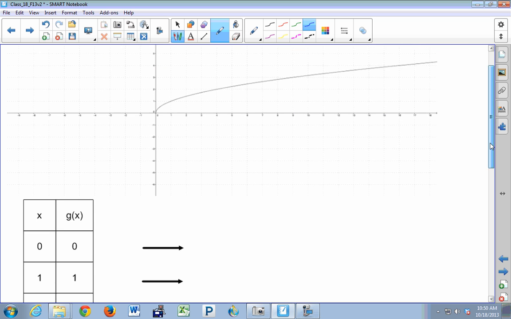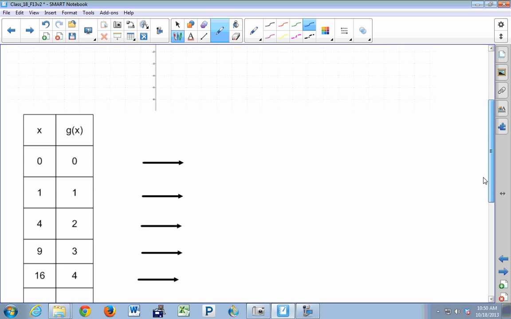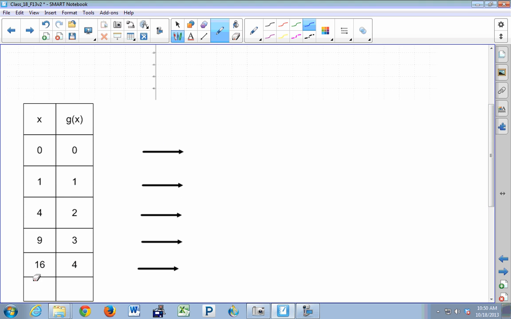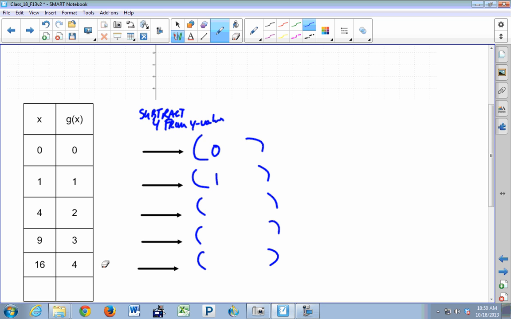So notice here, I've got the coordinates of our original parent function. We know we're going to subtract 4 from all the y values. So what are the new points going to be? Well, the new points will have exactly the same x values because I'm not touching my x values at all.